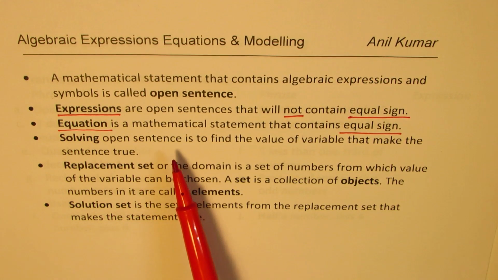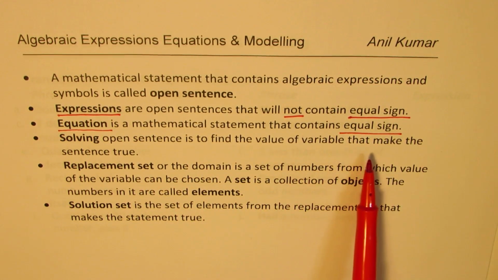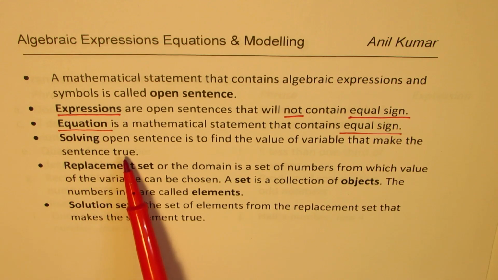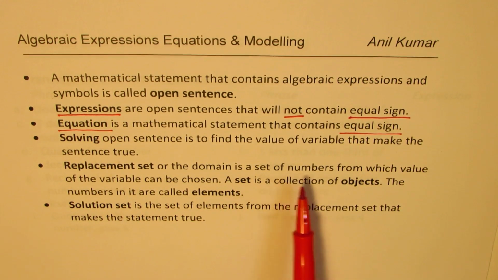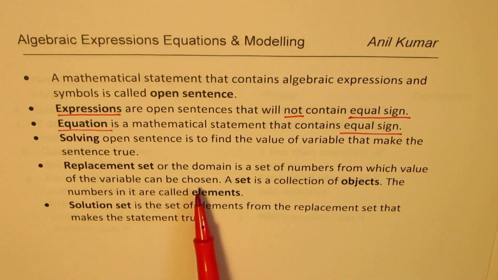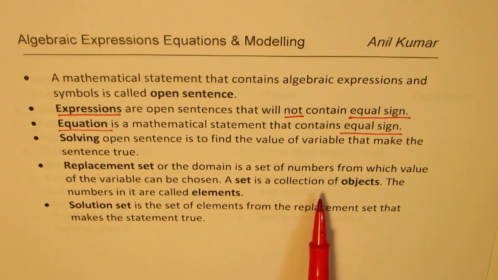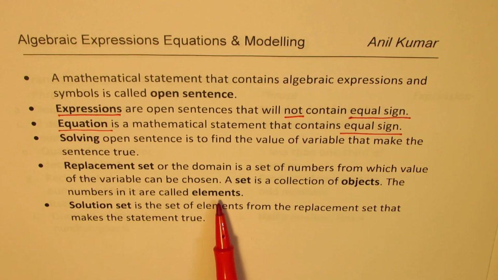Solving an open sentence is to find the value of the variable that makes the sentence true. Replacement set, or the domain, is a set of numbers from which values of variables can be chosen. A set is a collection of objects. The numbers in it are called elements.